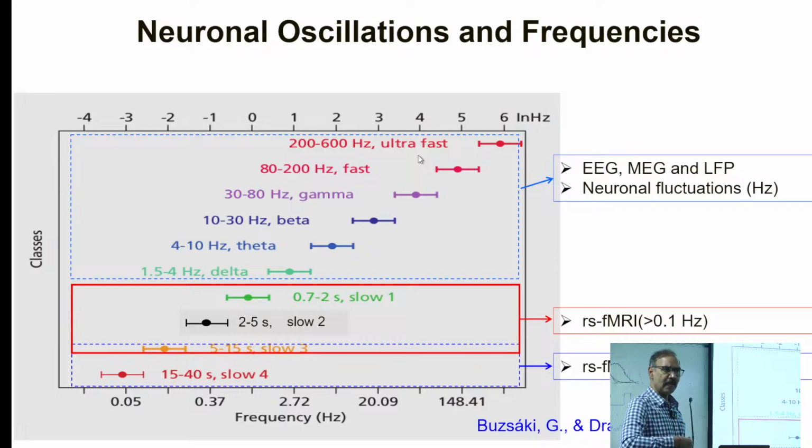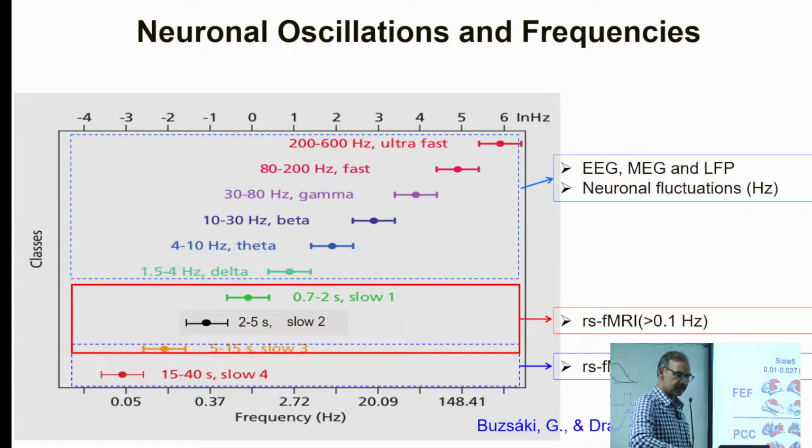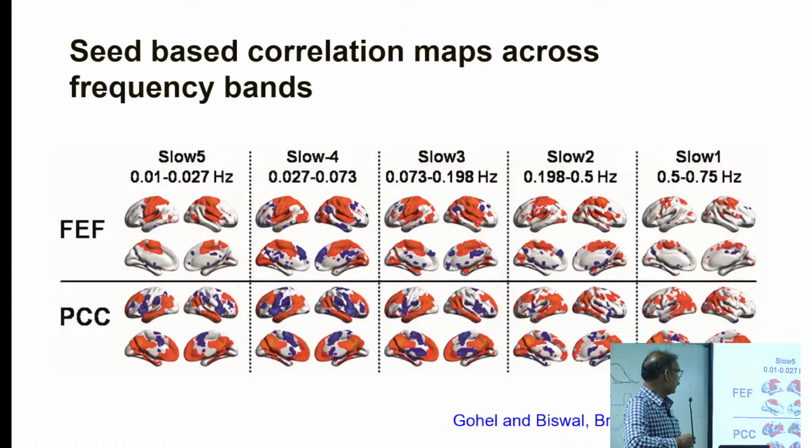And would there be anything significant as we collect data at a faster rate? So here what we see is slow 5, which is between 0.01 and 0.027. This is FEF, frontal eye field. This is PCC. These are two common areas where we have shown connectivity before.